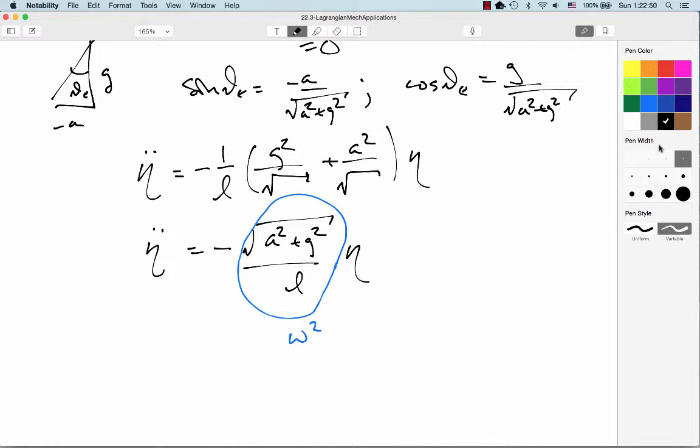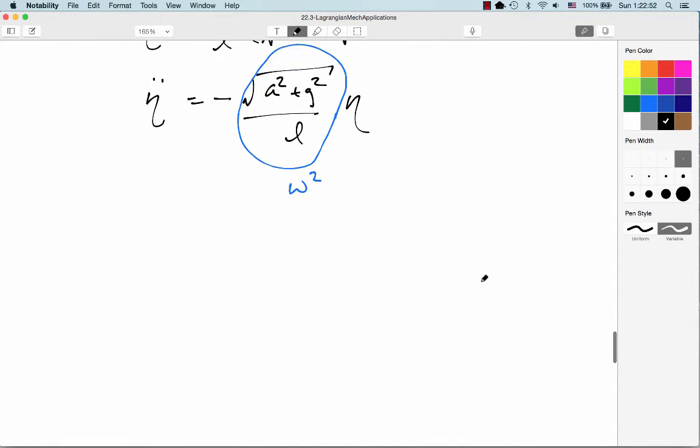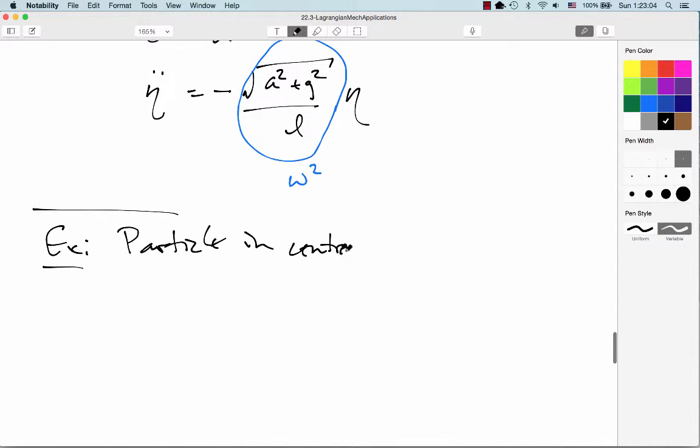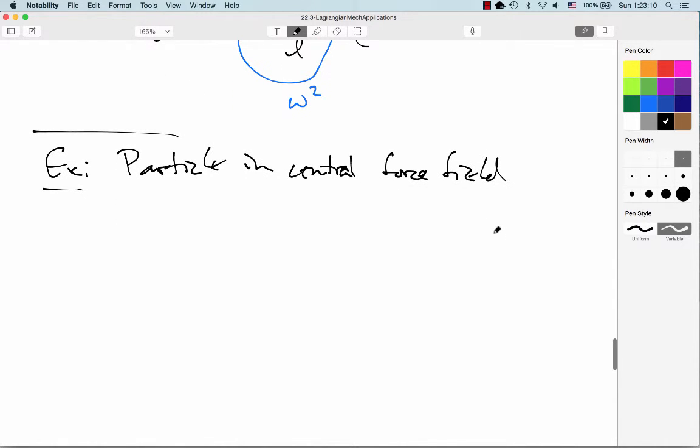All right, let's do another example. Let's do a particle in a central force field. Just because we've already found it, let's use it.